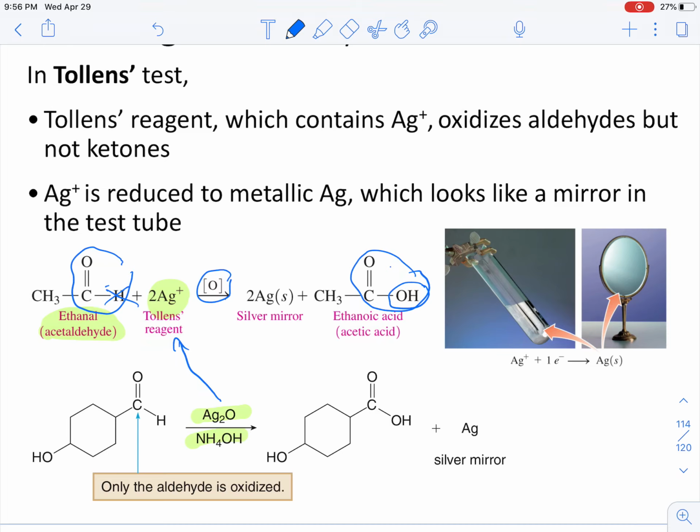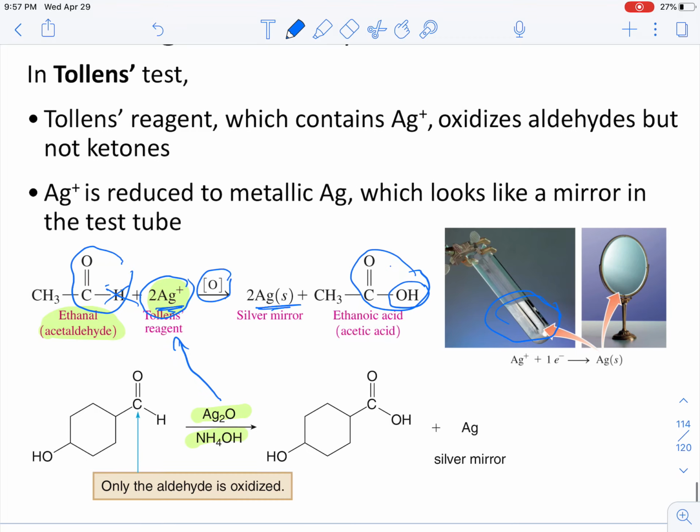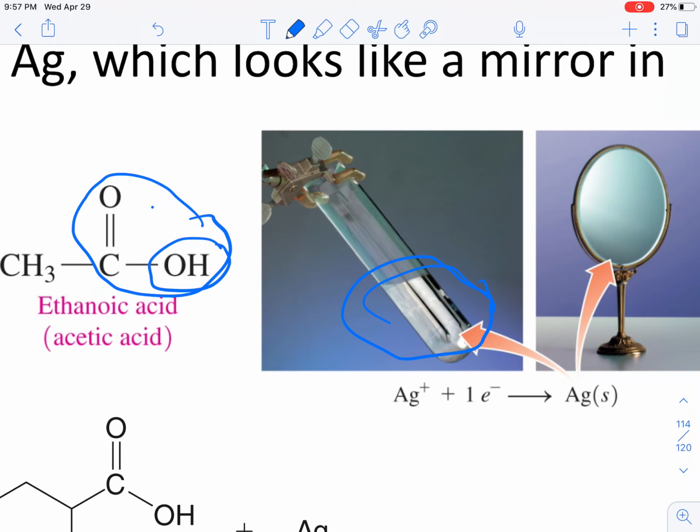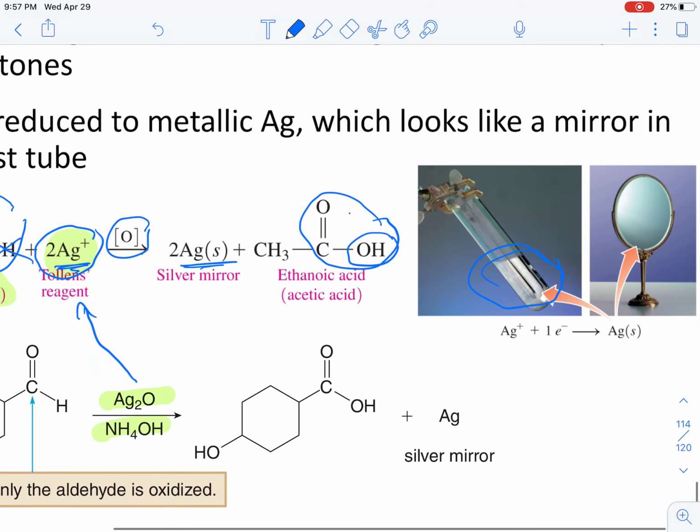And as that electron transfer, that oxidation reduction reaction occurs, the silver that's found in your Tollens reagent is going to go from aqueous to something solid. And so what you get is a silver mirror. It looks pretty cool, and you get pure silver that's solid in state. It's very reflective.